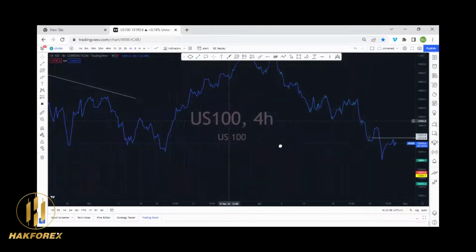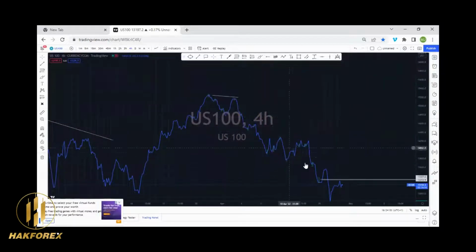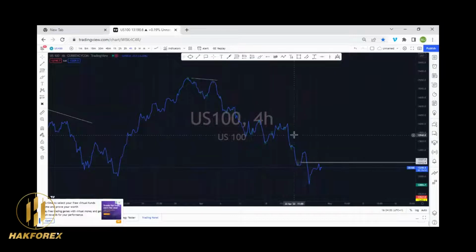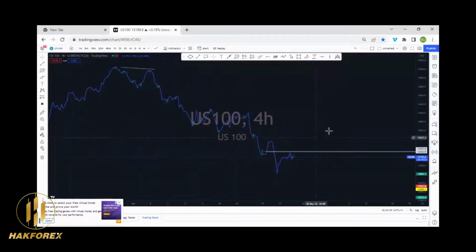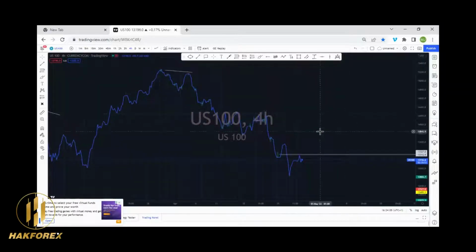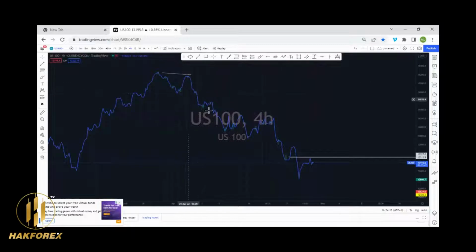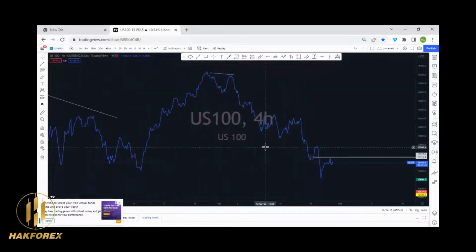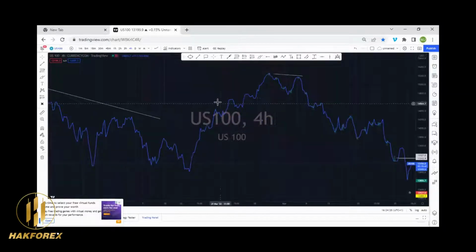The line chart is normally used majorly to see the direction of the market, whether the market is going down or going up. I don't use the line chart for entry. It is just to determine the direction of the market if you're going to use it.